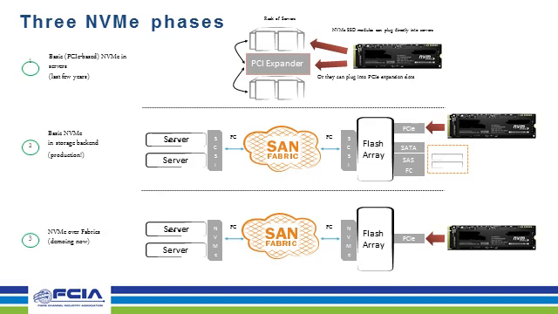In the second phase, when we had NVMe modules plugged into the back of the flash array, you could speak SCSI over Fibre Channel to talk to those NVMe devices on the back end, and the flash array took care of the mapping of the protocol. Now in this third phase, we're talking about running the NVMe protocol natively across Fibre Channel to the flash array, which then can pass it on down to its PCI connected NVMe devices.